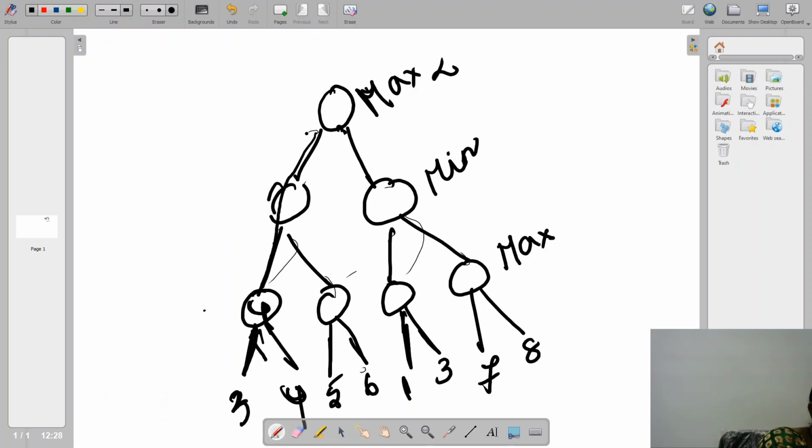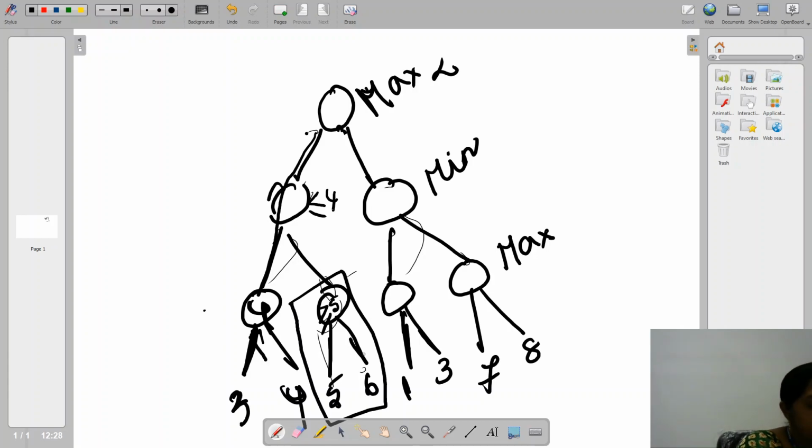Here 5, 6. So here I am not taking the max value of 5, 6. I am just writing 5. It should always be greater than or equal to 5. So I am expecting that this value is always greater than or equal to 5. So this should be less than or equal to 4 because minimum. Then what is the need to go for this? I am just pruning. I am not going to explore these nodes.